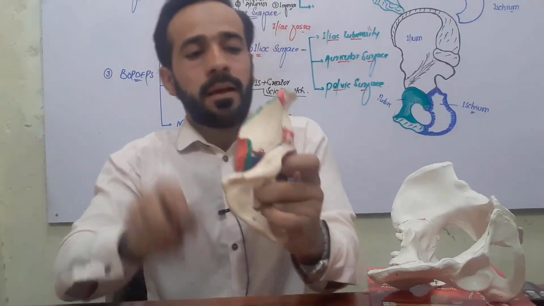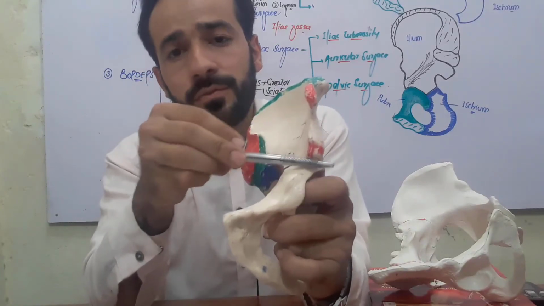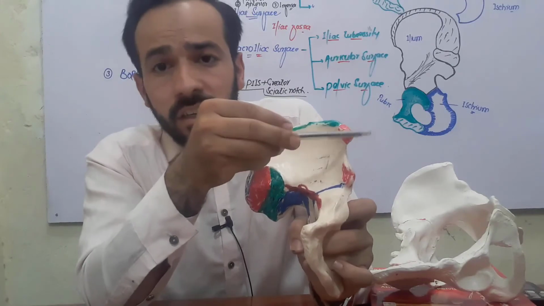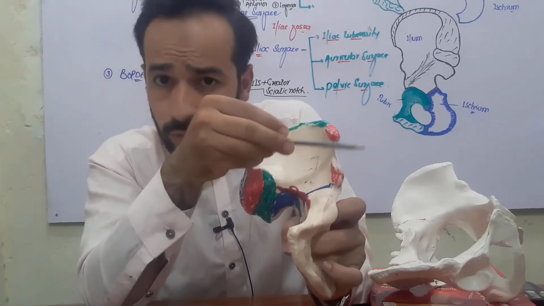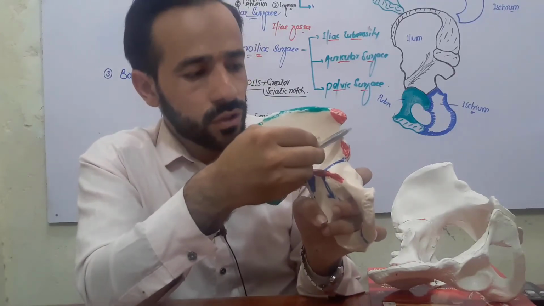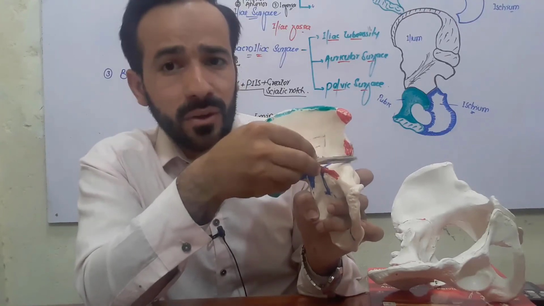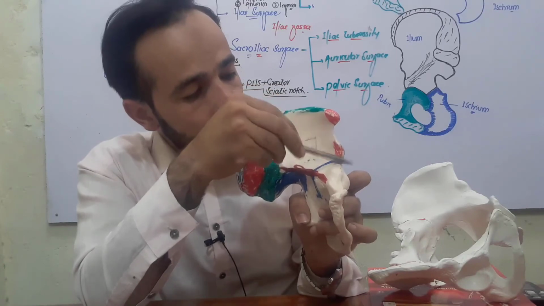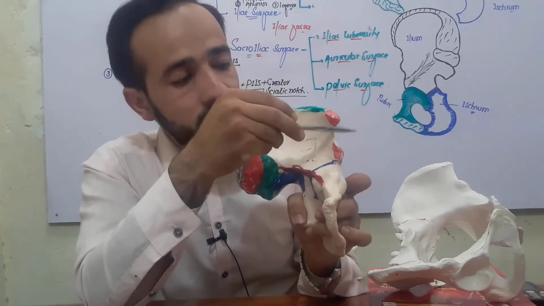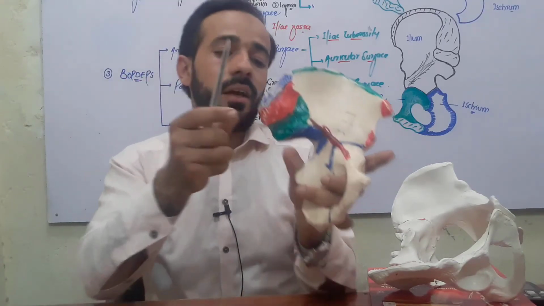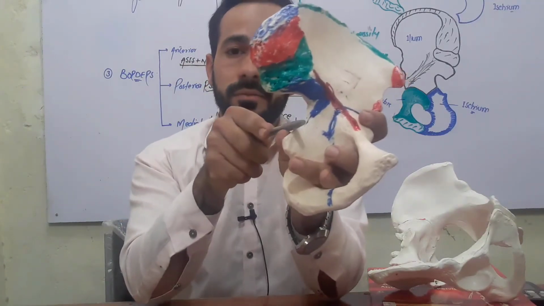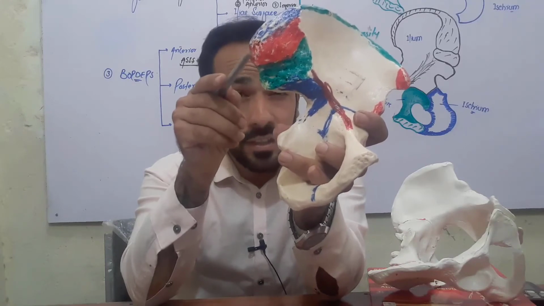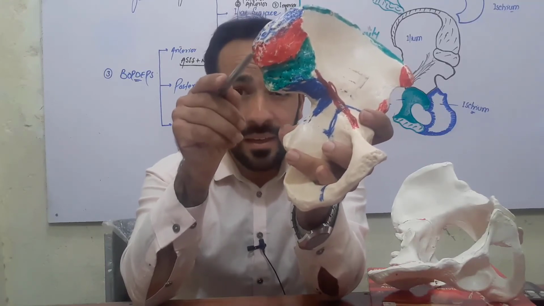Now look carefully. The anterior border is formed by what? The anterior superior iliac spine, the notch, right? This is the notch. This is anterior inferior iliac spine, right? So they unite together and they make the anterior border, right? And then there is the posterior border. So the posterior border is formed by a posterior superior iliac spine, right?